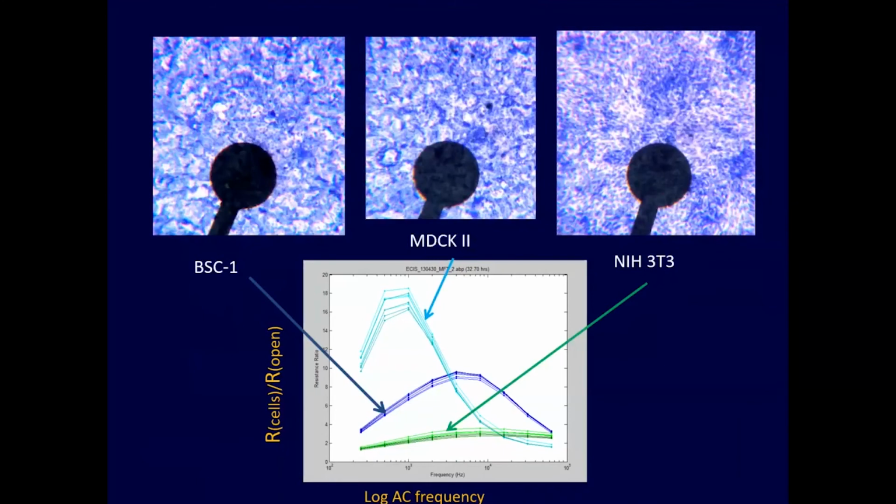Notice the MDCK cells with their tight junctions are better monitored at low frequencies. The BSC cells are somewhat intermediate between the MDCK cells and the very loosely connected NIH 3T3 fibroblasts.